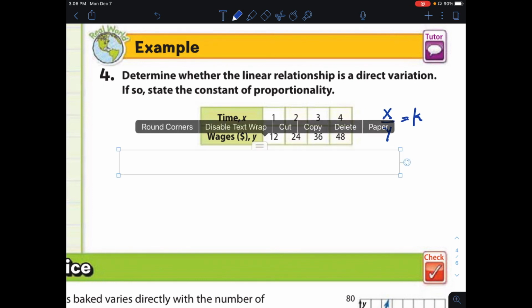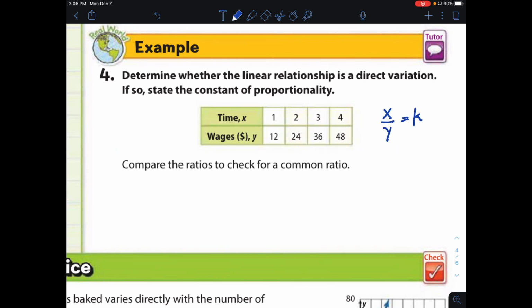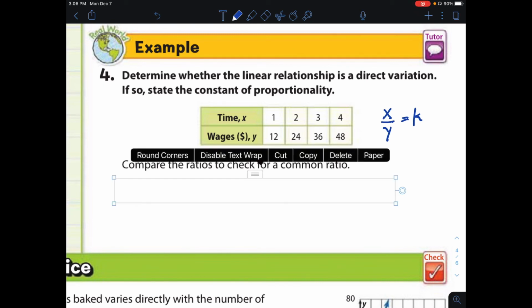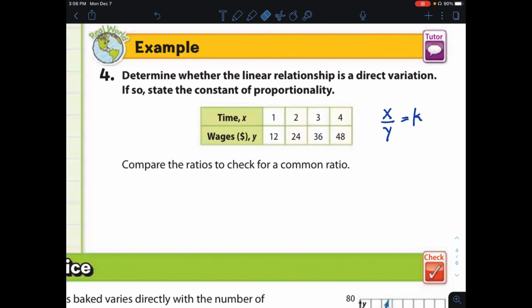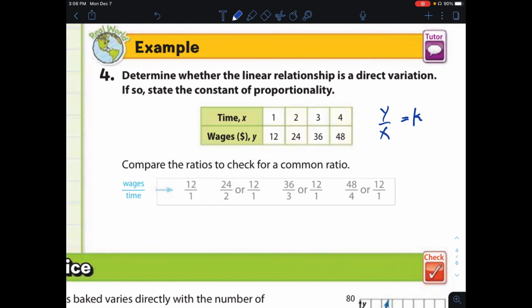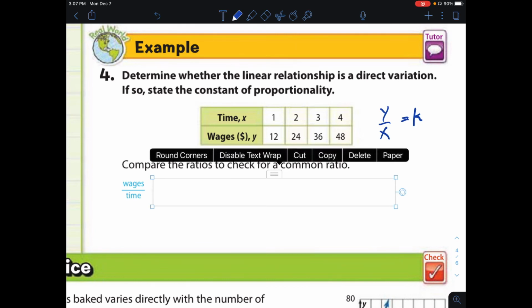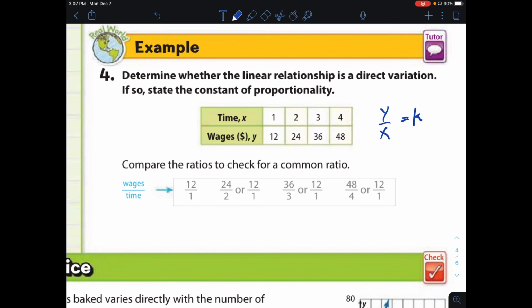First we need to compare the ratios to check for a common ratio. Sorry, I inverted it. It's y over x, I'm sorry, y over x. So if we do our ratios, our y will be our wages, and time will be our x.